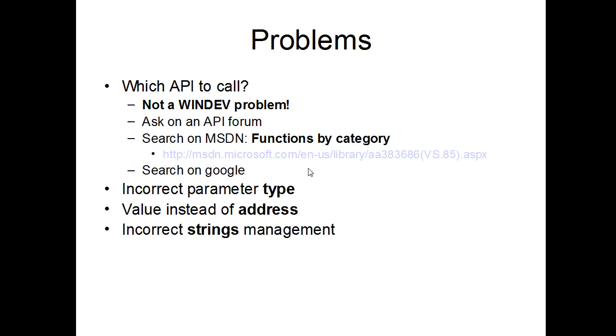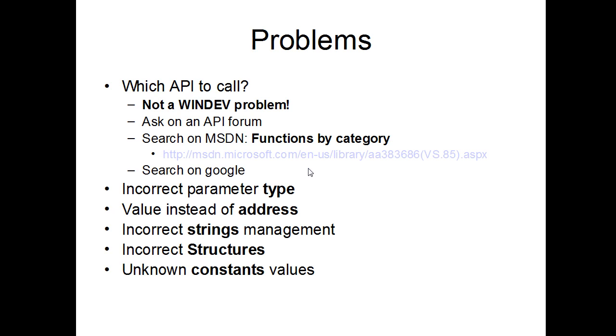You will make mistakes in managing your strings. You will have problems with the structure, and you will not know what the constant values are. That's typical API problems. And for all these problems, the first answer, the first starting point is WD API. WD API is a utility that is coming with WinDev and that you can use to work on that.